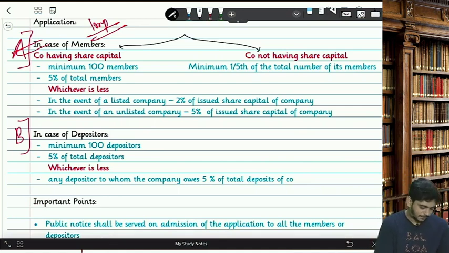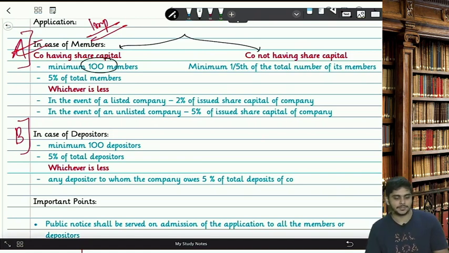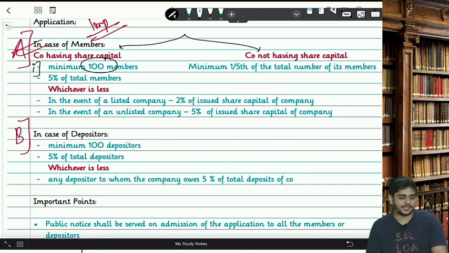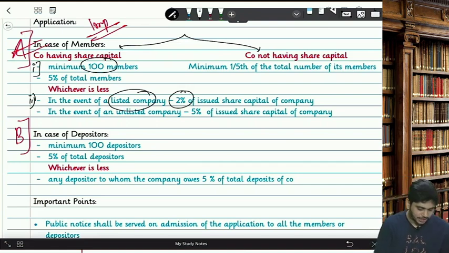So first is same, minimum 100 members or 5% of total number of members, whichever is less. So this is the first category. Second category: in case of a listed company, members holding 2% of issued share capital of a company, or in case of an unlisted company, members holding 5% of the issued share capital of a company.